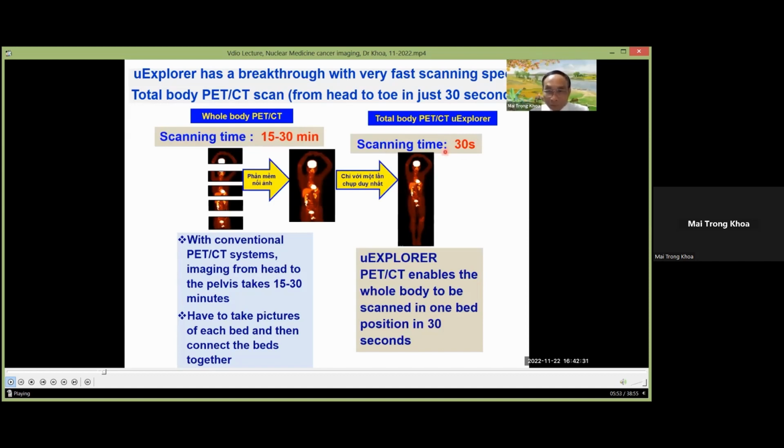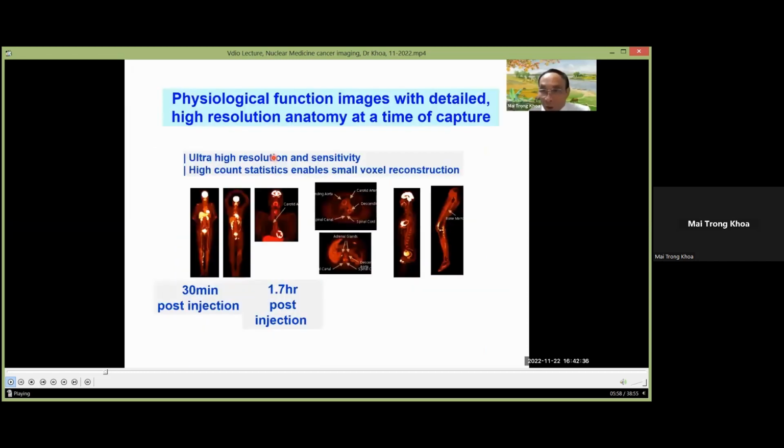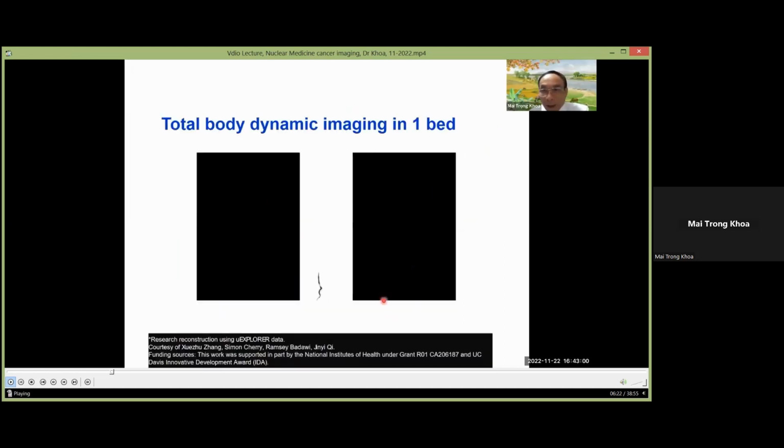And with the total body PET-CT we get the physiological function feature and a detailed high resolution anatomical image at the time of capture, as shown below here. And this is a total body dynamic image in just one bed with the total body PET-CT. You can see very clearly there.